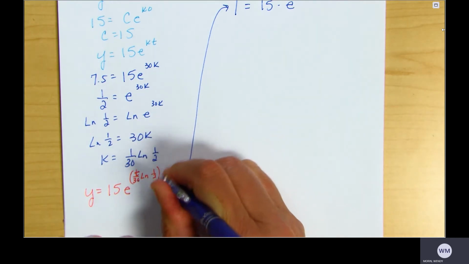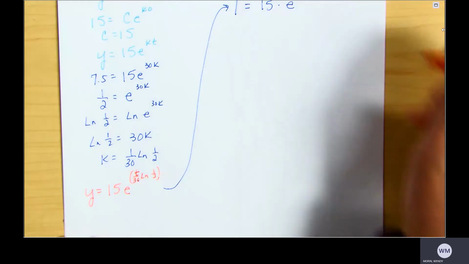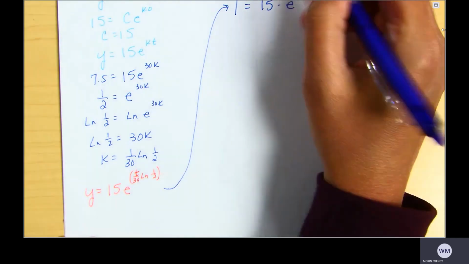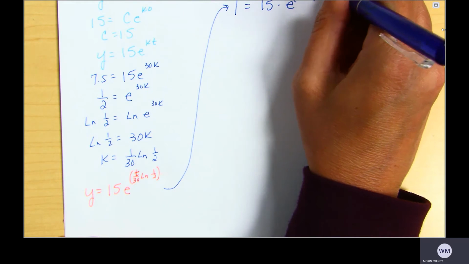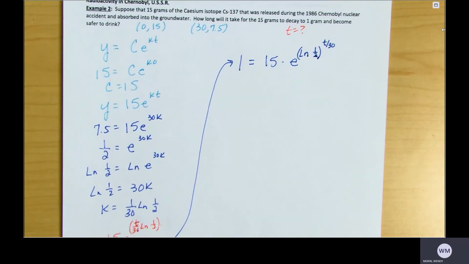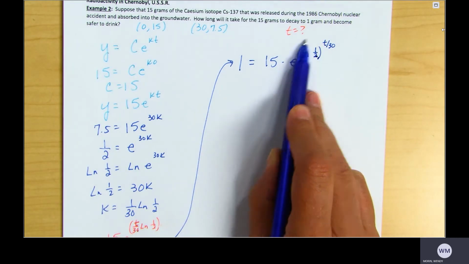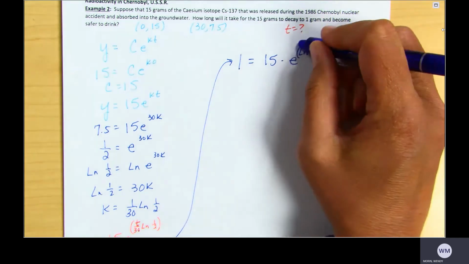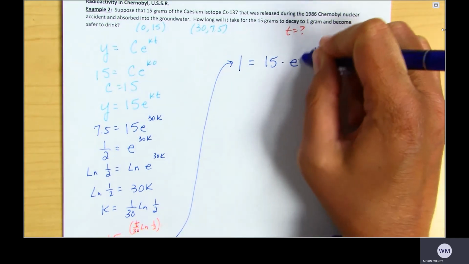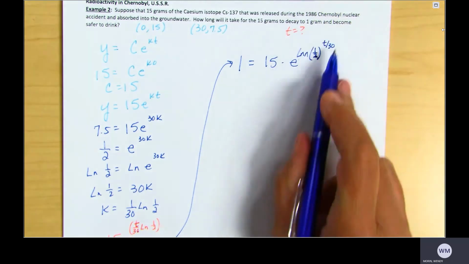And now I can have the natural log of 1/2, all of that. That t over 30, that's the exponent properties for logarithms. It's in the front. I can move it to the exponent of one-half.